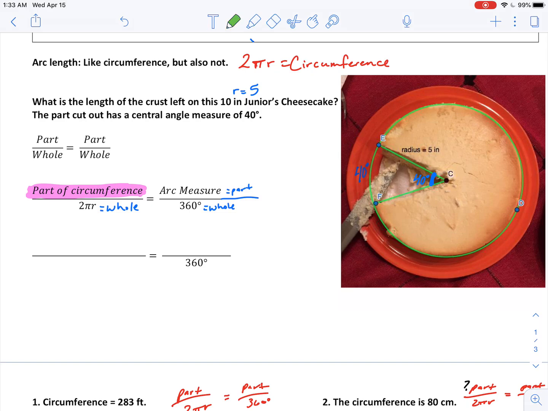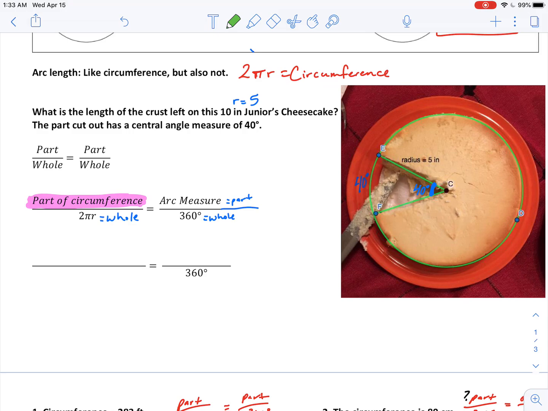And we said part over whole equals part over whole. We're going to take a similar approach today when we find our arc lengths. These lengths in inches or feet or whatever measurement we're using.